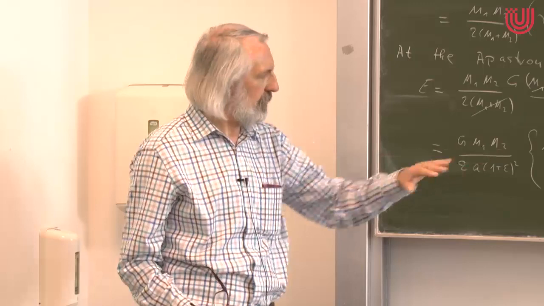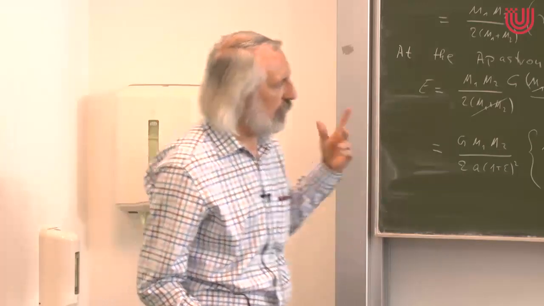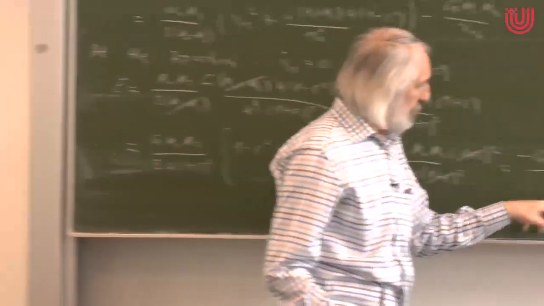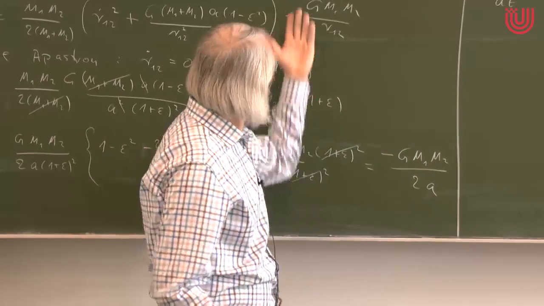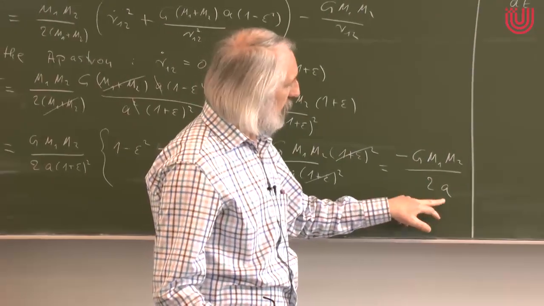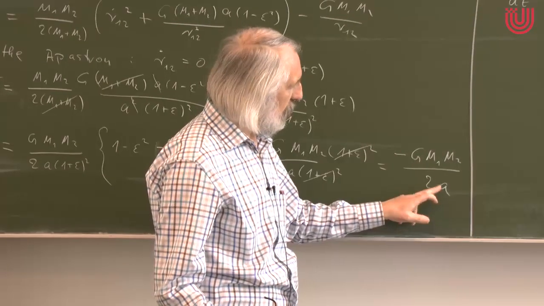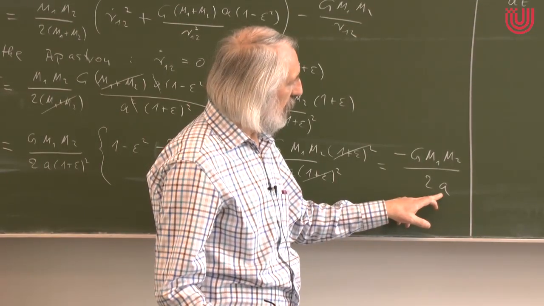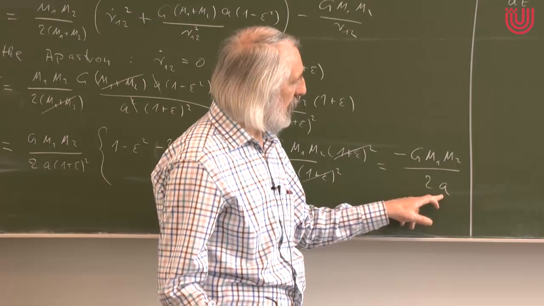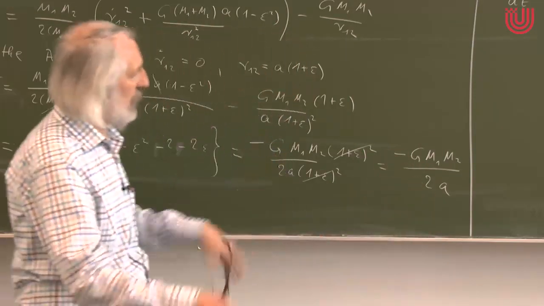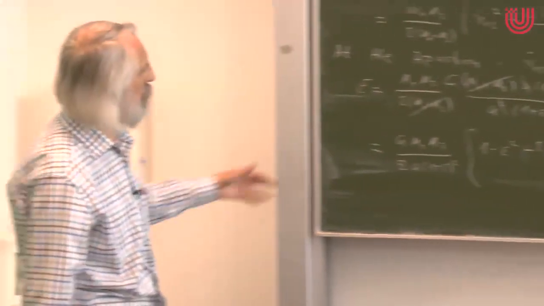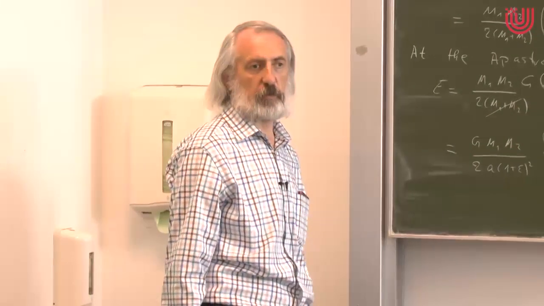And this is what I now want to calculate. The assumptions which I have made during this calculation cannot be strictly true. This A cannot be strictly constant. So I have to assume that it depends slowly on time, that it depends adiabatically on time. And now I calculate from this formula this time dependence.